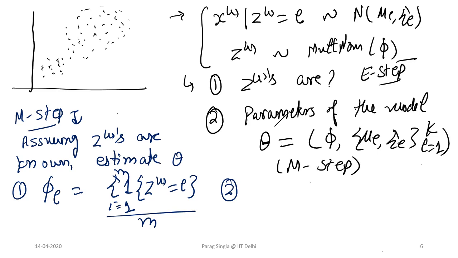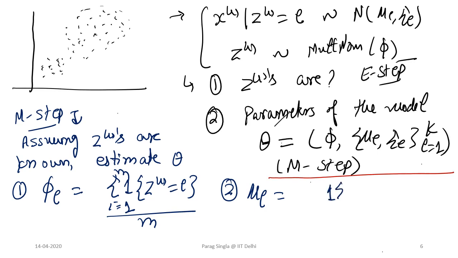And then we can compute the mu l's, which are the cluster means, simply the mean of the points belonging to each cluster. Let me draw a line here. So these mu l's are nothing but the mean of the points belonging to each of the clusters.